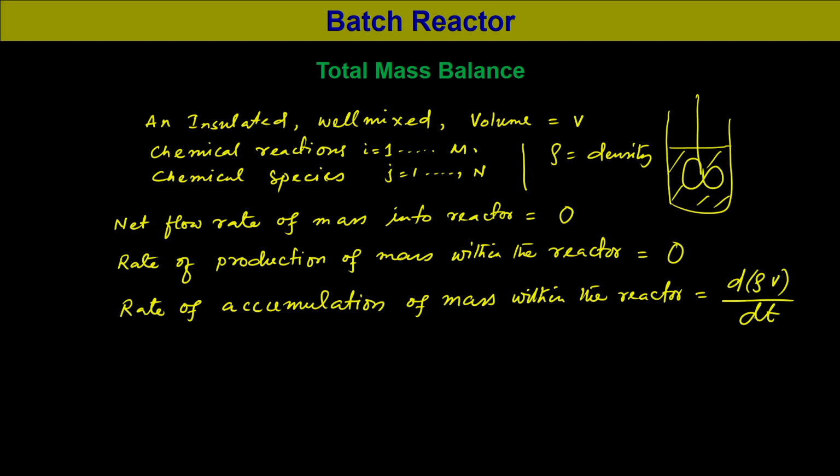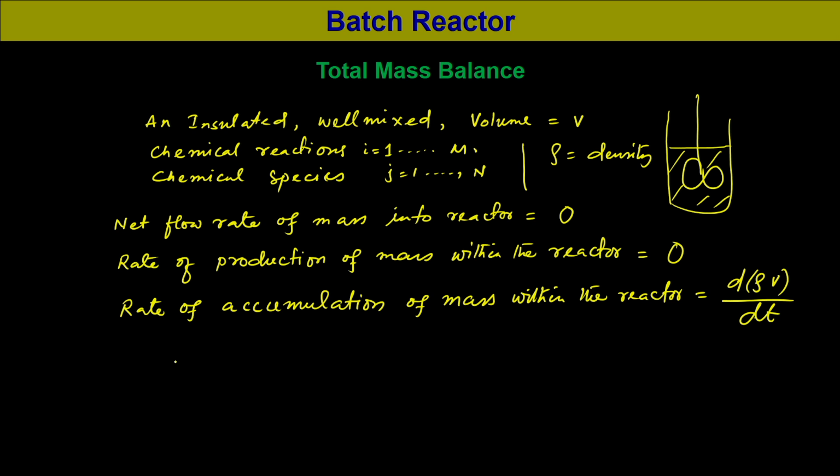So, rho V is the total mass within the reactor, and if we write the balance equation, accumulation would be equal to the net rate of mass into the reactor plus the rate of production of mass within the reactor.